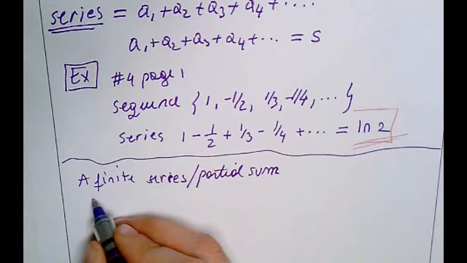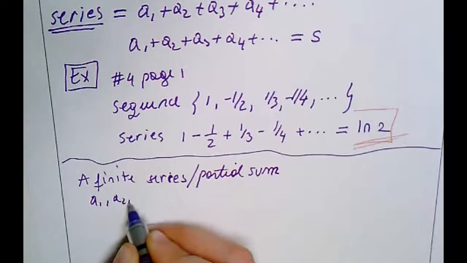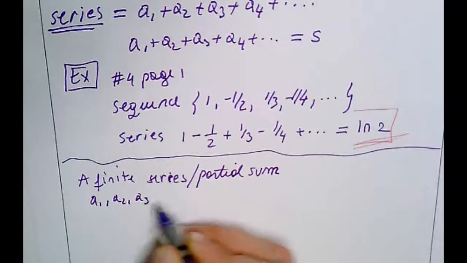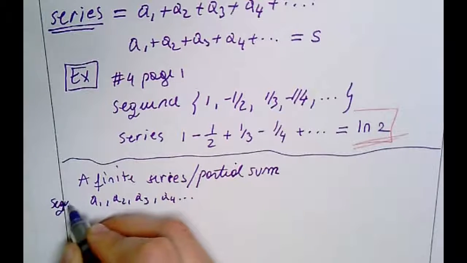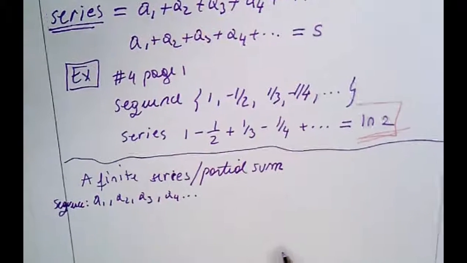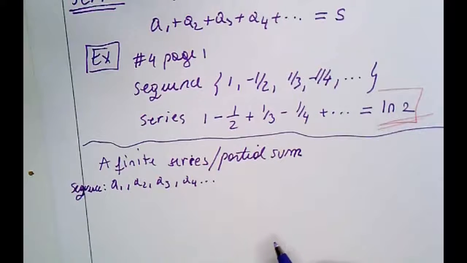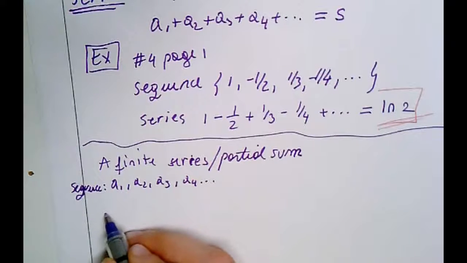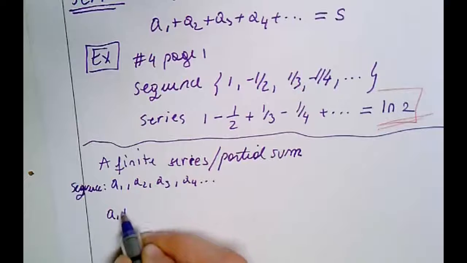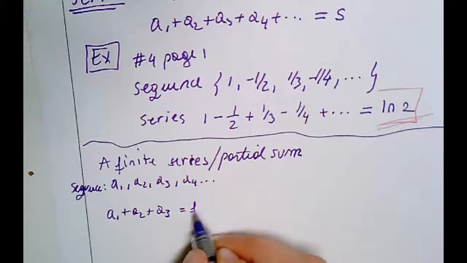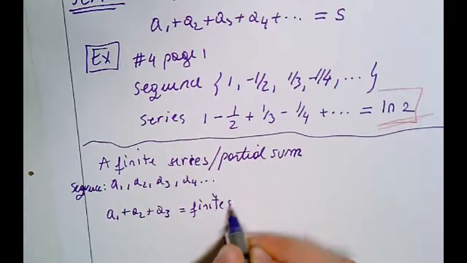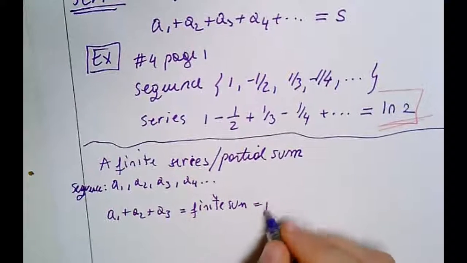So if I have the sequence a1, a2, a3, a4, and so on, this is the sequence. If I look at the sum a1 plus a2 plus a3, this is a finite sum, and it's called a partial sum.